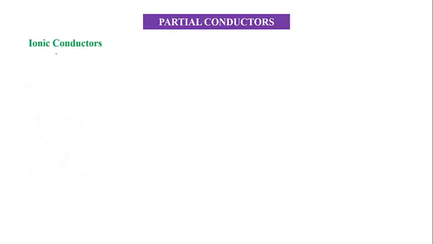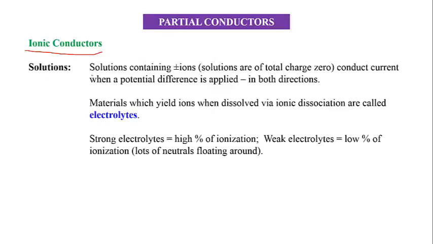Another type of partial conduction is ionic conductors, and I'll just briefly mention some. These are solutions which contain ions, and typically the system starts with a compound that has ionic constituents. So for example, sodium chloride. Sodium chloride, like this, has the sodium plus and the chlorine minus right in the crystal. So when this dissolves, you get sodium plus ions and chlorine minus ions, and that's how you get ions into a solution typically.